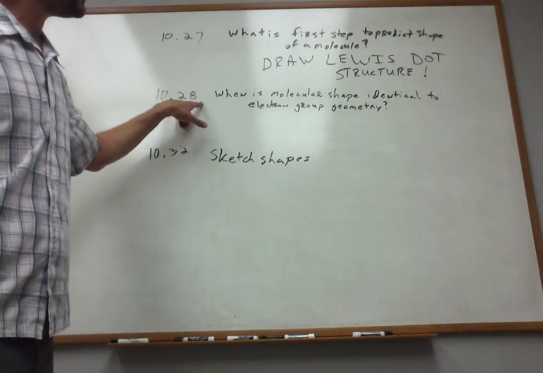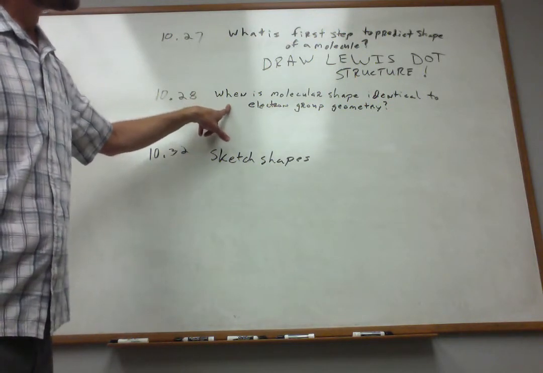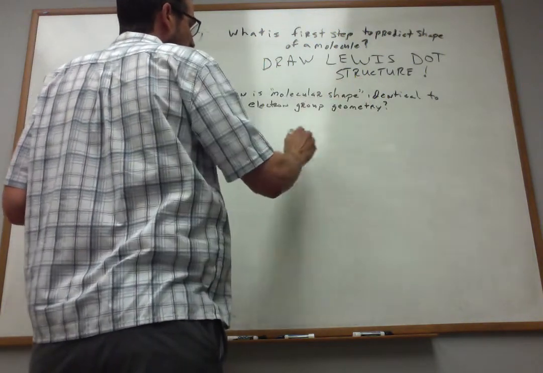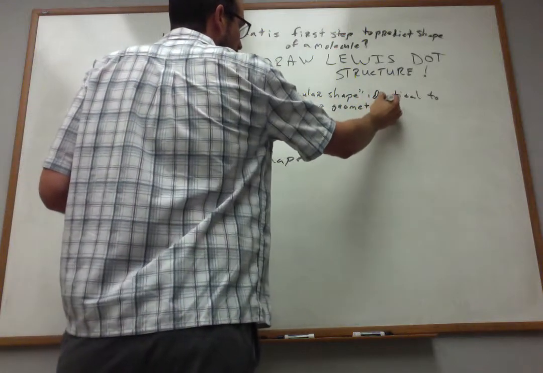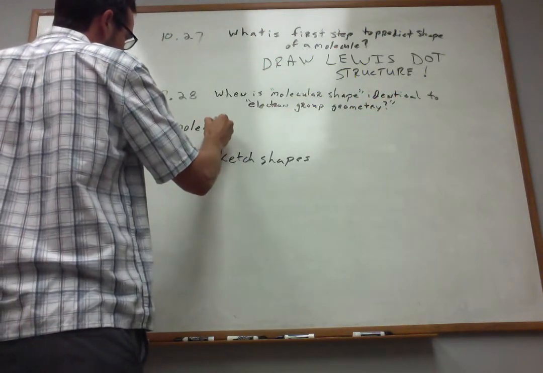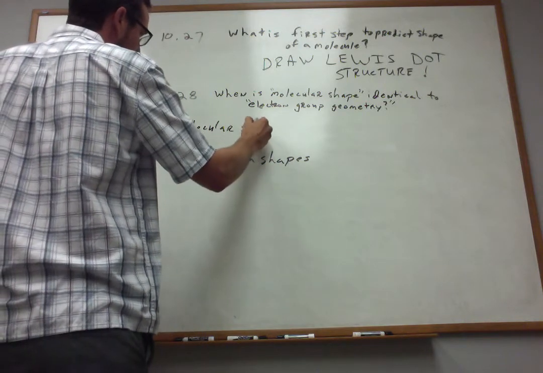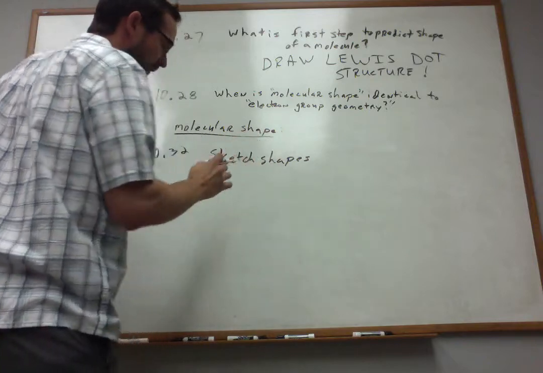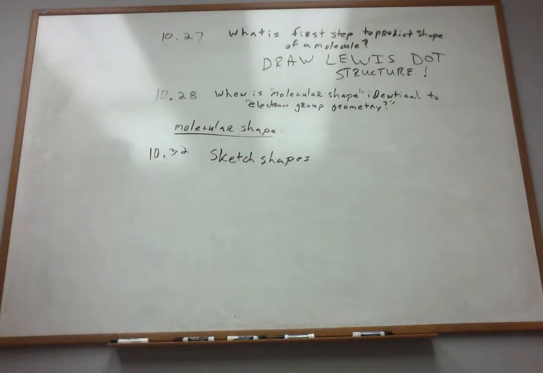Okay? 1028. When is a molecular shape, the shape of a molecule, identical to the electron group geometry? I want to spend a minute making sure you understand the difference between these two terms.